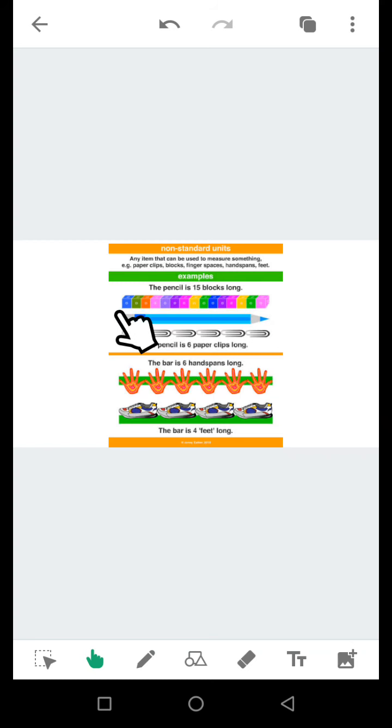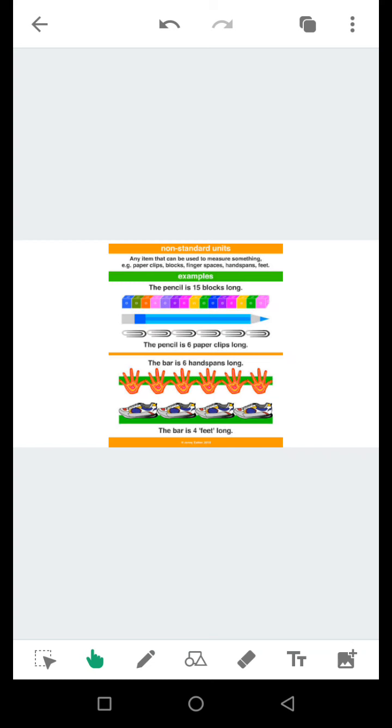So 15 blocks cover the length of the pencil. So we can say the pencil is 15 blocks long. And the same thing goes with the palm.